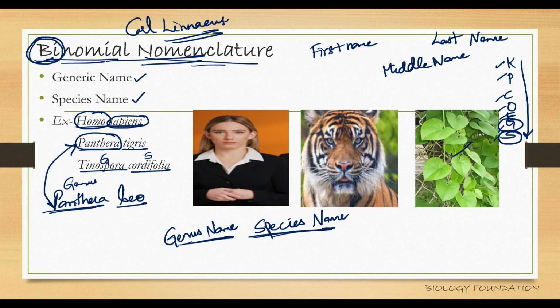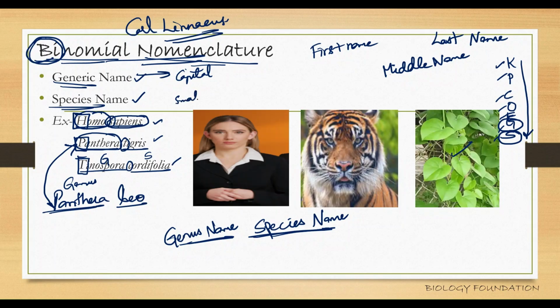Okay. Now, if you observe carefully these three names, always remember a generic name starts with a capital letter. Homo, H is capital. Panthera, P is capital. Tinospora, T is capital. So, the generic name or genus name always starts with a capital letter, while the species name always starts with a small letter. Sapiens, tigris, cordifolia.